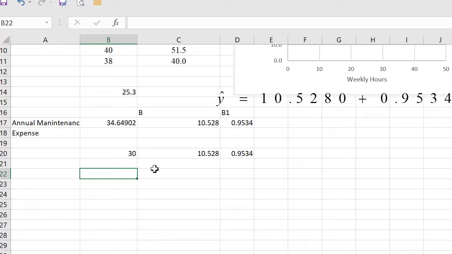To do that, we subtract 10.528 from both sides.